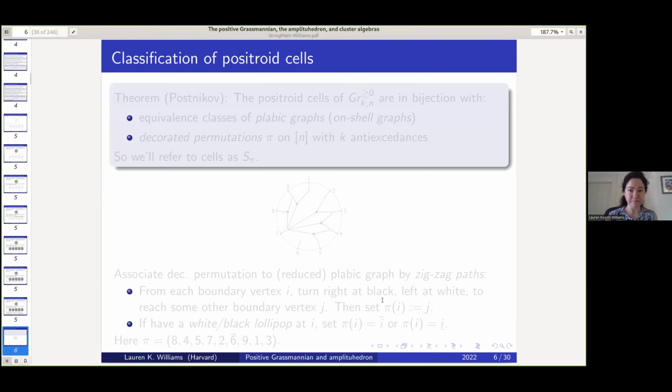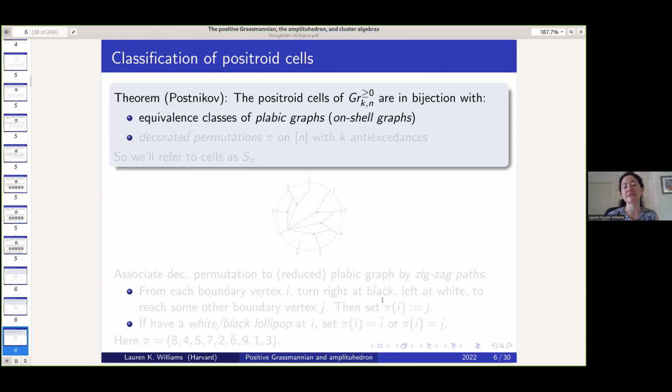So the positroid cells of the positive Grassmannian are in bijection with equivalence classes of these Plabic graphs, which have also appeared in physics literature under the name on-shell graphs. And these cells are also in bijection with certain permutations.